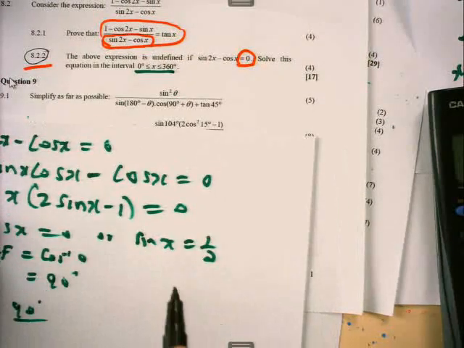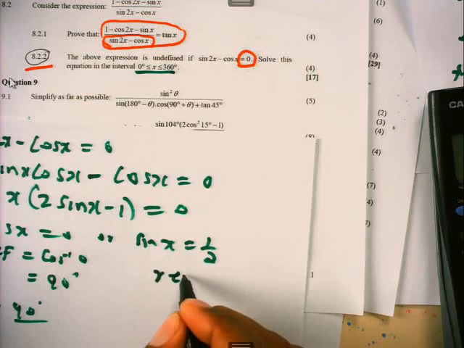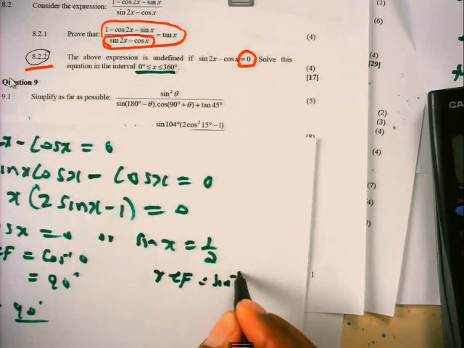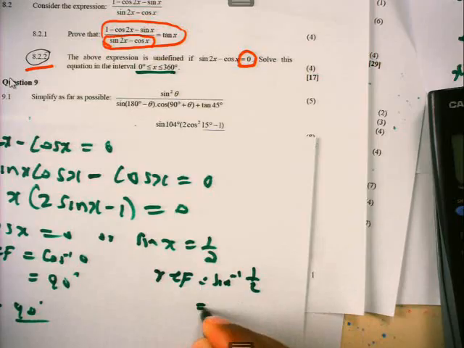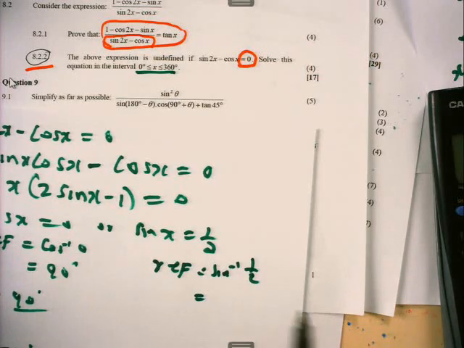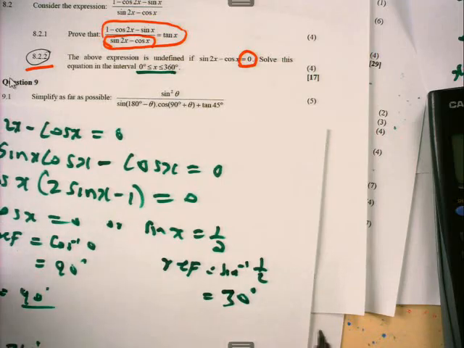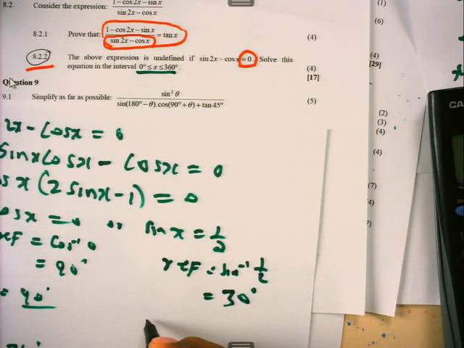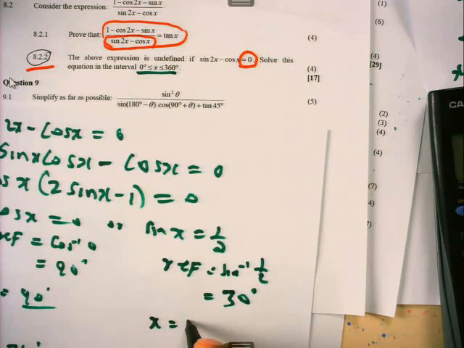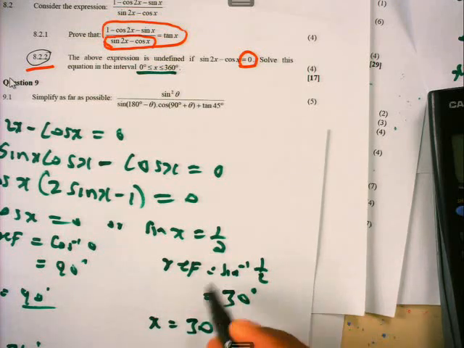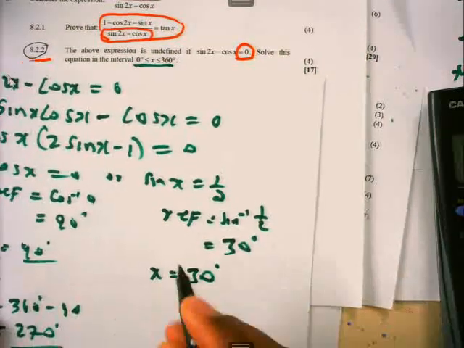And the other one also is on this side. The reference angle here, that is the inverse of sine 1 over 2 there. What is the inverse of sine 1 over 2? That is 30 degrees, right? That is 30 degrees. Good. Now from this one, you say x is equal to 30 degrees. Why 30 degrees? Because sine is positive in the first quadrant.